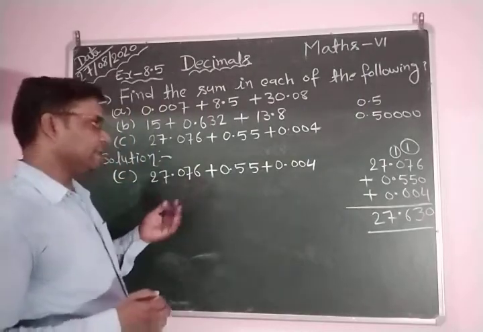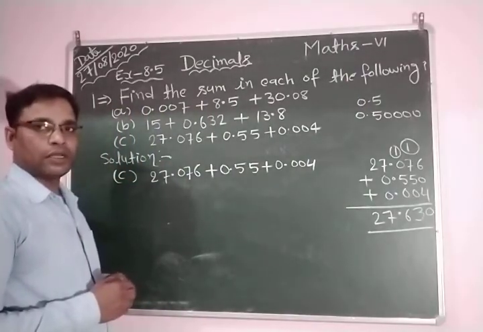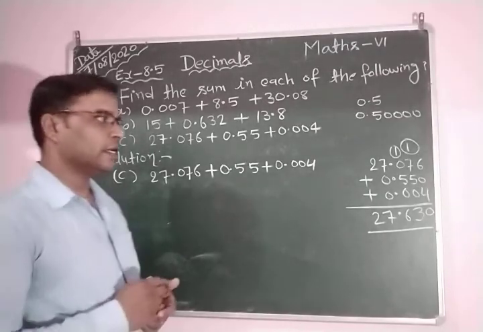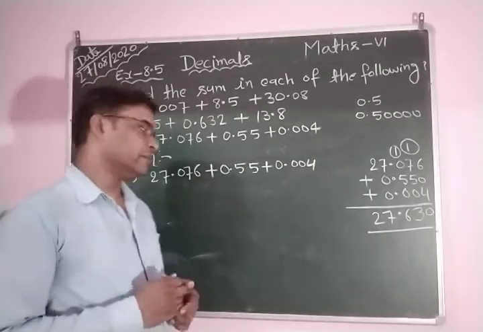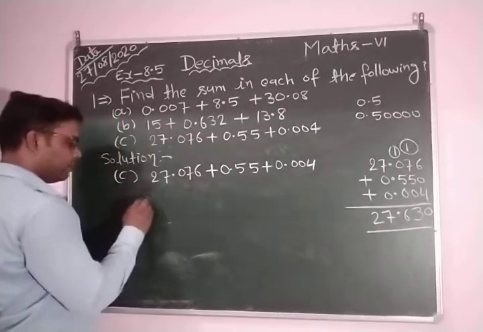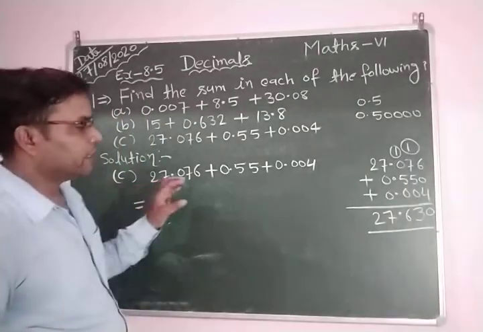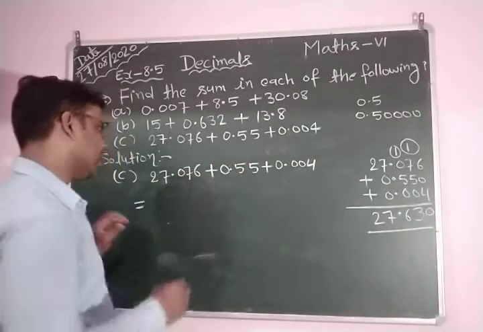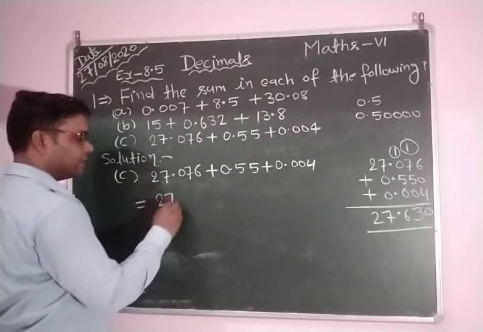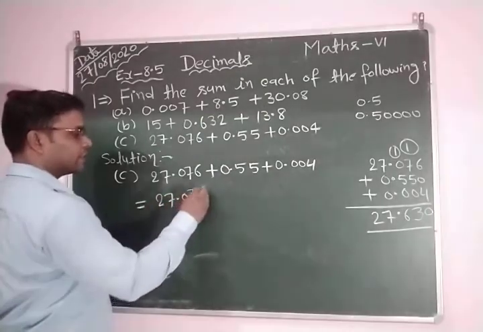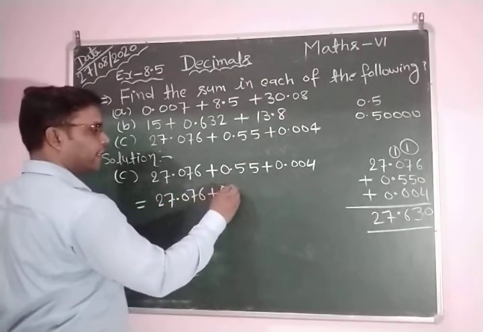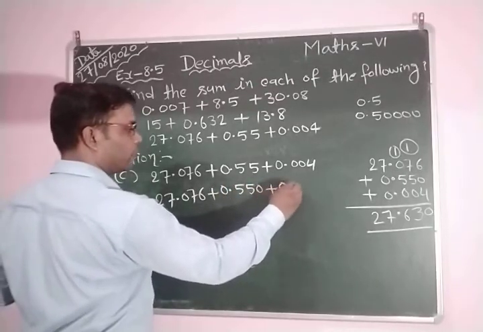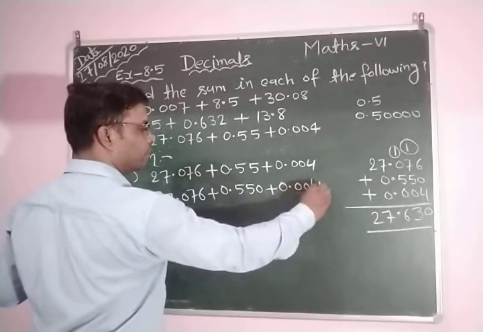Now also you can add them by the horizontal method. Okay, so first we make them like decimals. So for this we make each decimal number have 3 digits after the decimal. Okay, so you can write it 27.076 plus 0.550 plus 0.004.